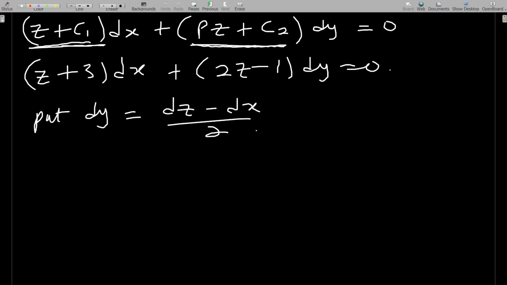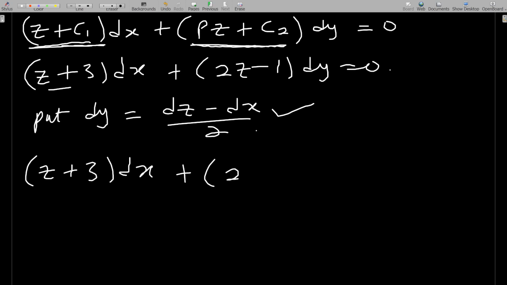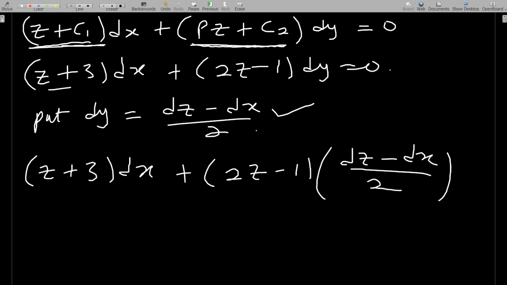So you put everything there and you have z plus 3 dx, and then you put dy to be equal to this. That is what you just did. So I have (z plus 3) dx plus (2z minus 1), then dy is dz minus dx all over 2, and this is equal to 0.